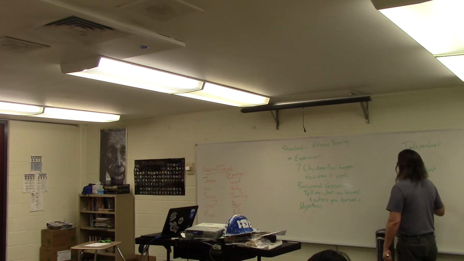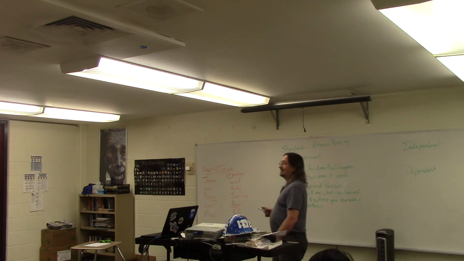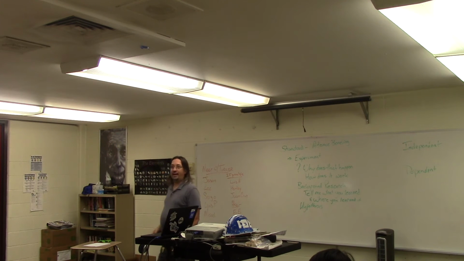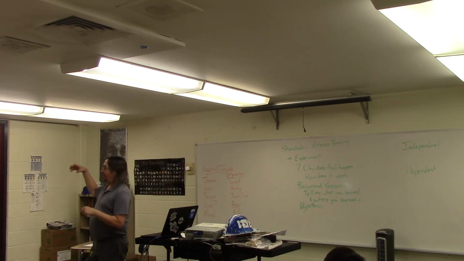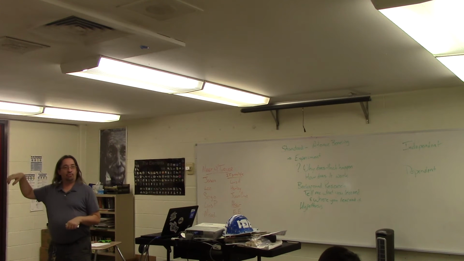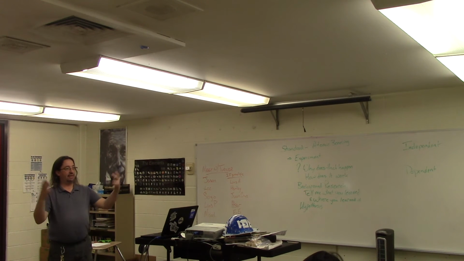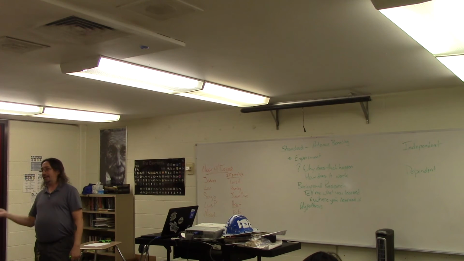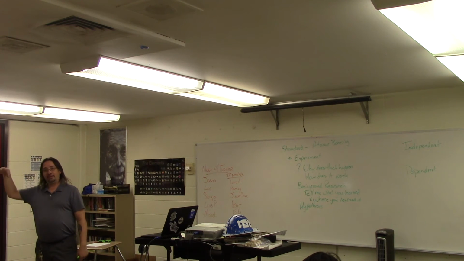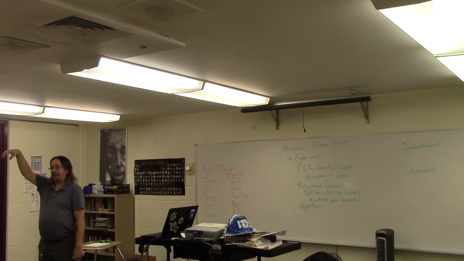So, the independent variable is the thing that you are trying to test, the thing that you're going to manipulate. So for example, I have a car, I'm putting it on a ramp and I'm rolling it down the ramp to see how fast it goes. But I'm going to adjust the height of the ramp. So one time I'm going to put it way up high and let it go down.